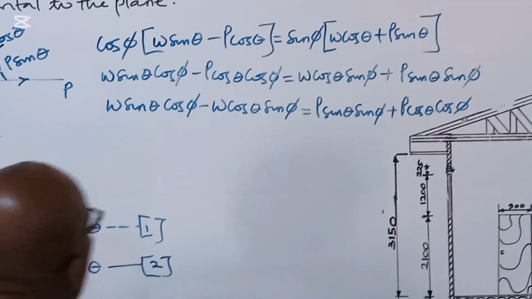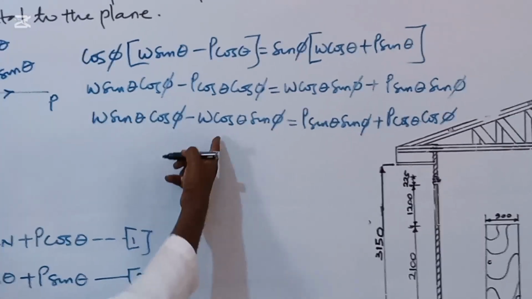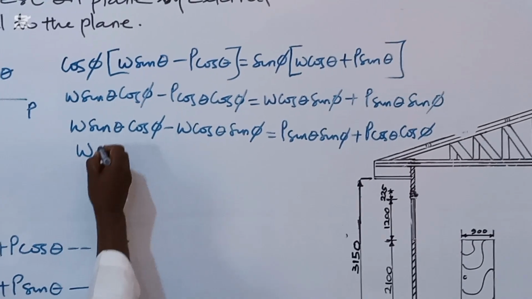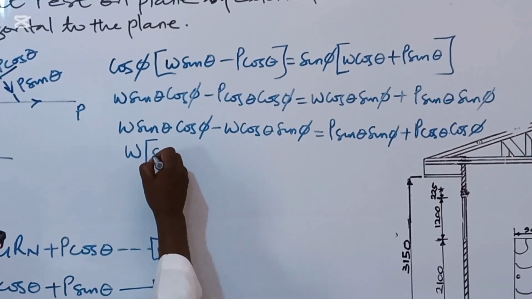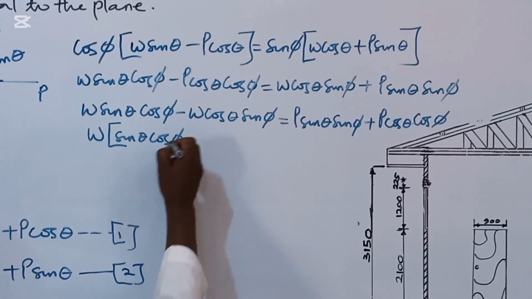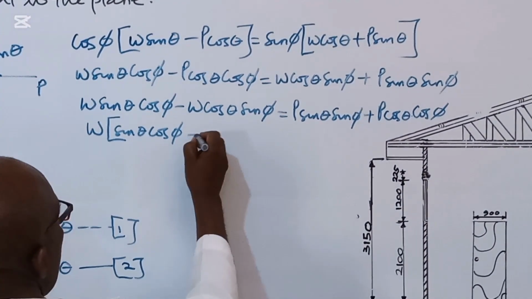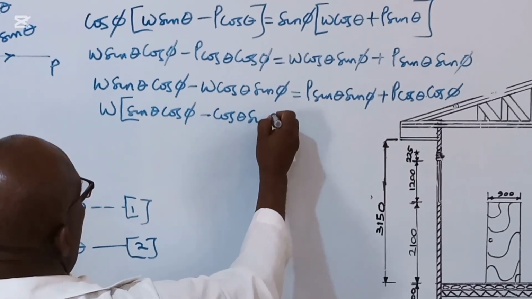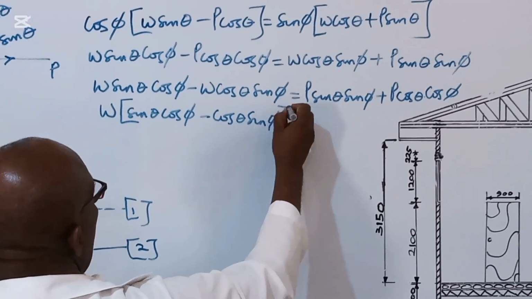Are we there? Now we can factorize and take the W terms outwards. I'll have W open bracket sin theta cos phi minus cos theta sin phi, right?